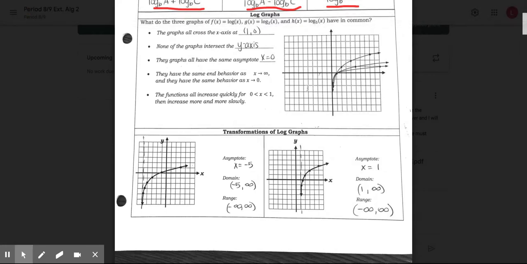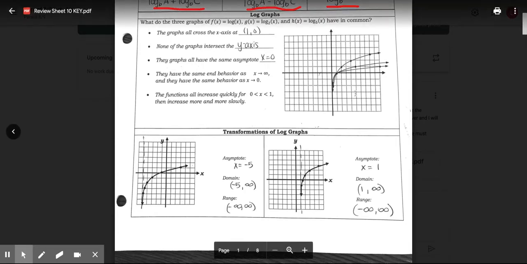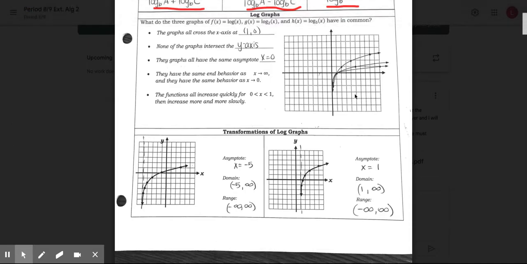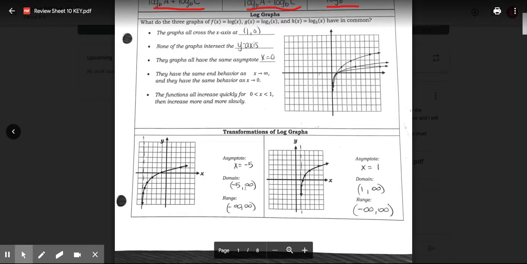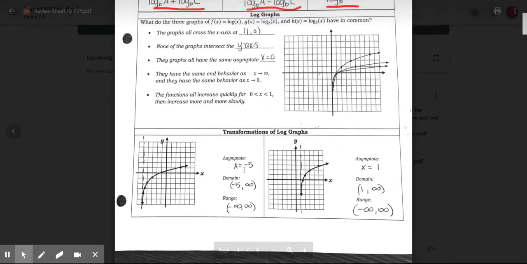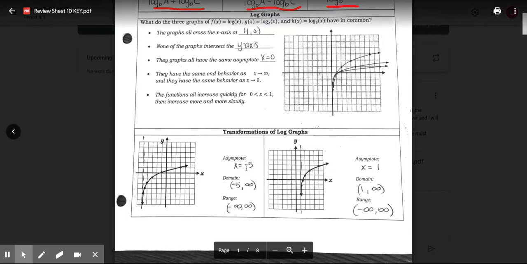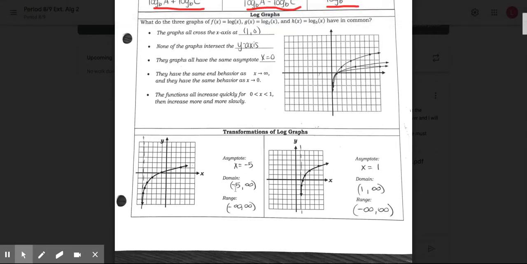But if that shifts to the left, then you are going to have a y-intercept, right? So you really have to look at the equation to determine what the domain and the range and the asymptote are going to be. So you can see here, if we shifted this to the left 5, the asymptote is now x equals -5. And the domain, therefore, has changed from -5 to infinity.